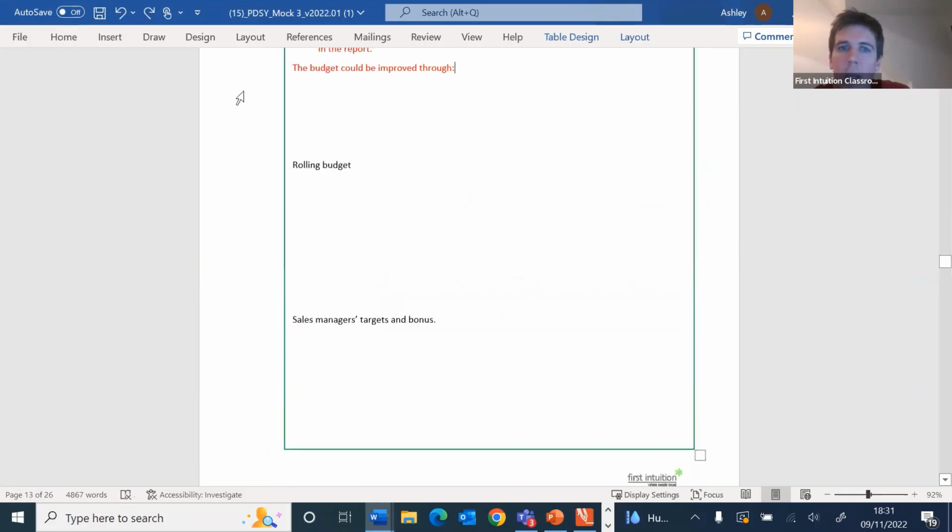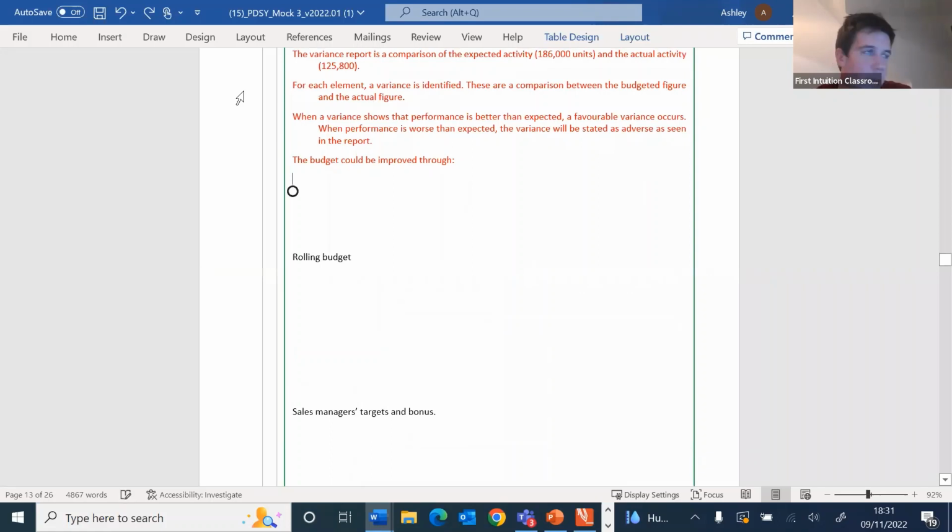So I would say, based on what you've said there, using a flexed budget. The budget, just to explain that a bit, would be restated to the actual level of activity.